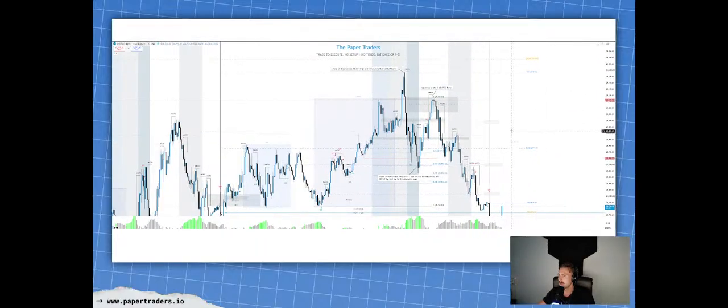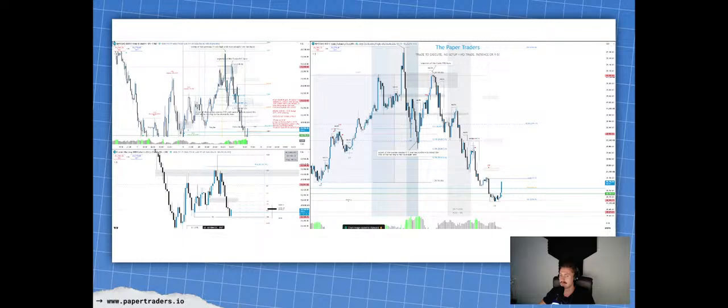All right, and then on the 5-minute, price was sweeping the London session high, and we got a nice reversal to the downside on this one.